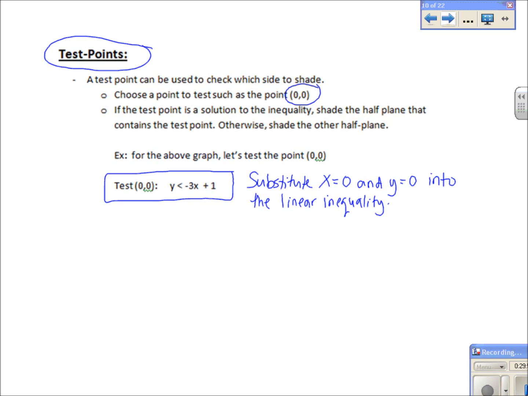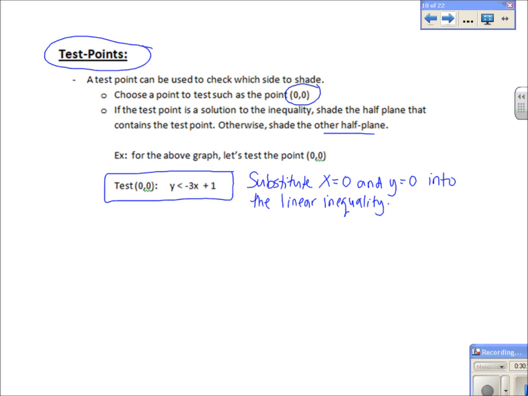If the test point 0, 0 is a solution, then we will shade the half plane that contains that test point. If it's not a solution, then we'll shade the other half plane.